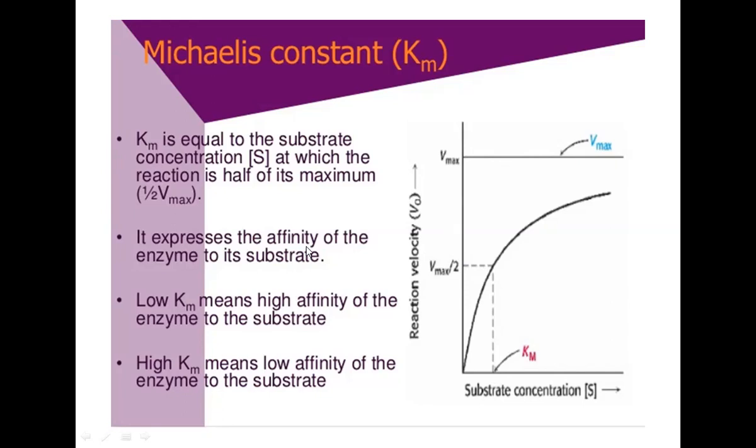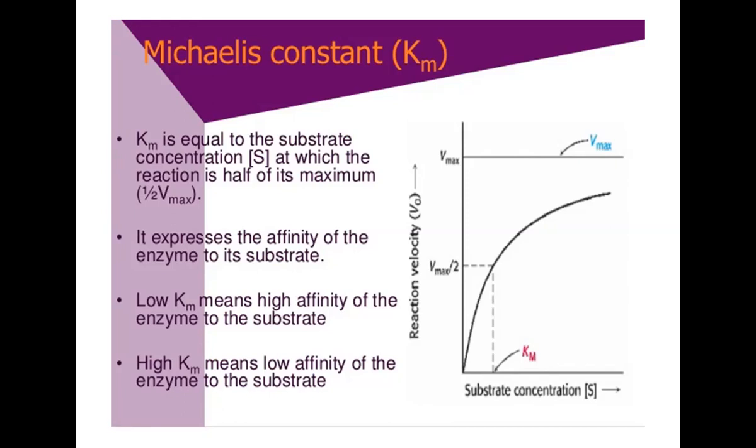So it expresses the affinity of the enzyme to the substrate, how the enzyme is binding to the substrate molecule. If any reaction is showing low Km, that means what? High affinity of the enzyme to the substrate. And high Km means low affinity of the enzyme to the substrate.